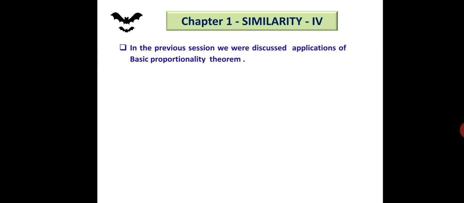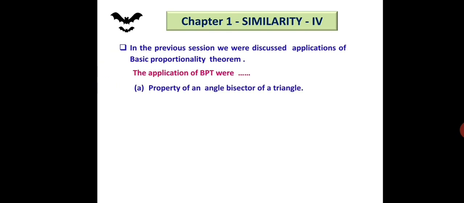Friends, in similarity part 3, we discussed applications of the basic proportionality theorem. The first application was the property of an angle bisector of a triangle. The second was the converse of the property of an angle bisector of a triangle.